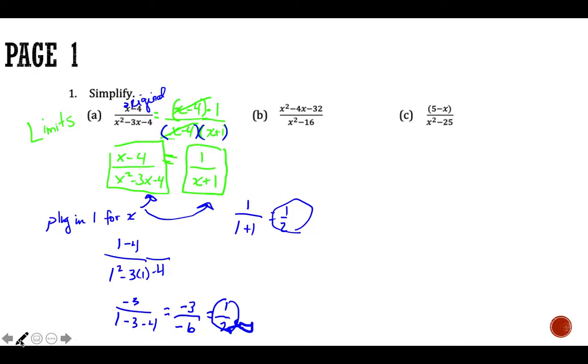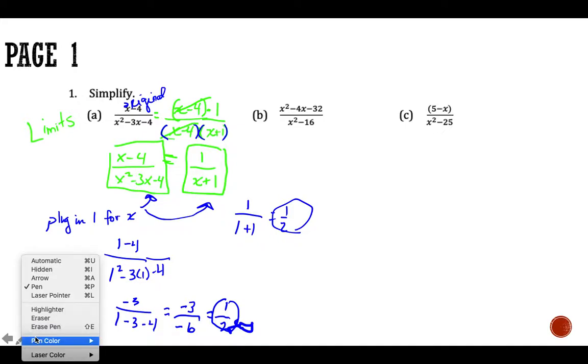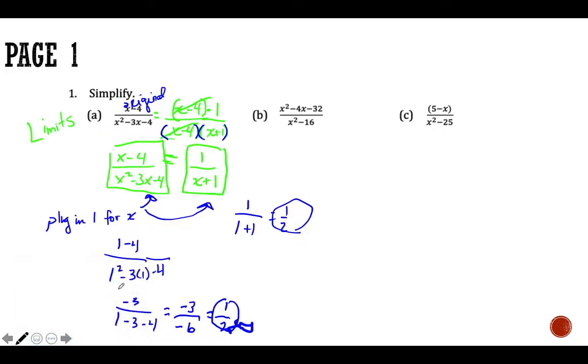Except, what if instead of asking you to plug in 1 for x, I ask you to plug in 4 for x? If I ask you to plug in 4 for x, I go to the original first, and I'm going to plug in 4 for x.